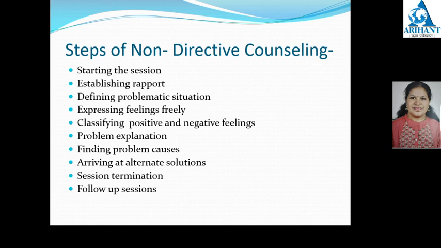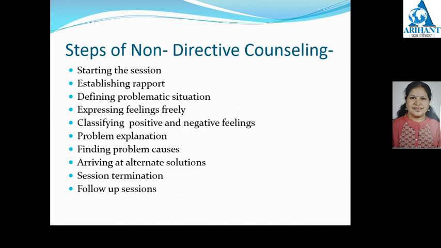Classifying positive and negative feelings. Here at this stage, the counselor will classify positive and negative feelings. Problem explanation. By segregating this, by analyzing and synthesizing the feelings or data, the counselor can find out what the problem is. He can explain the problem. Finding problem causes.